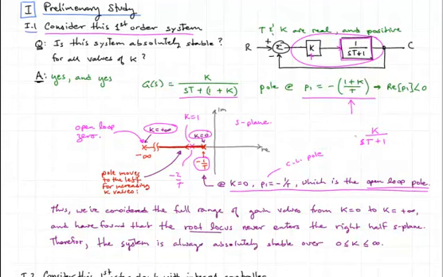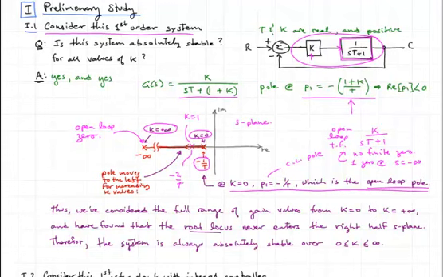We don't have any open loop zero, right? Well, we actually do have a zero, but this zero is at infinity. So we say that this has no finite zero, but it has one zero at s equal to minus infinity.